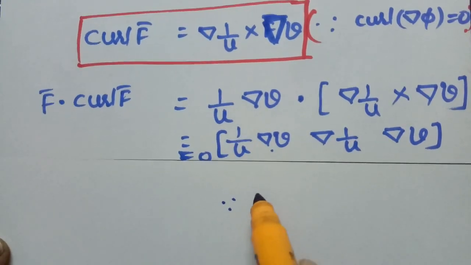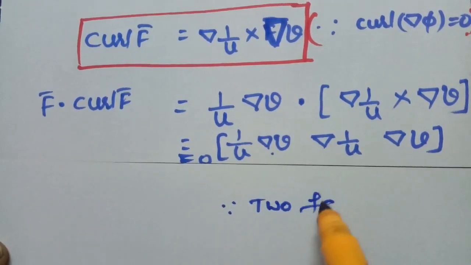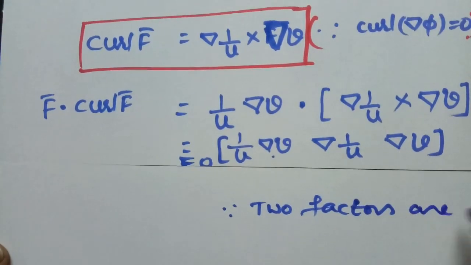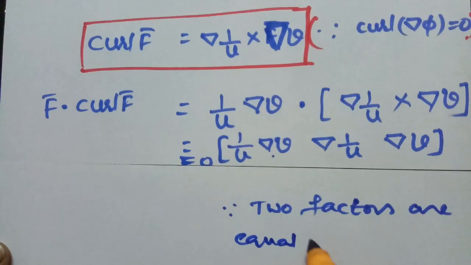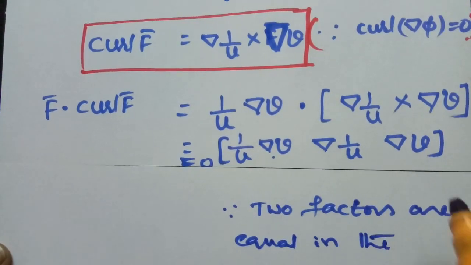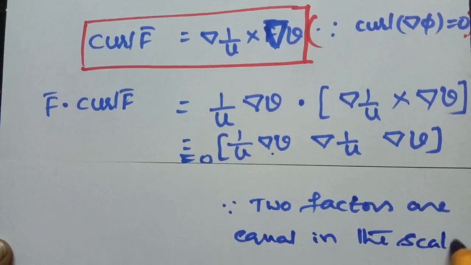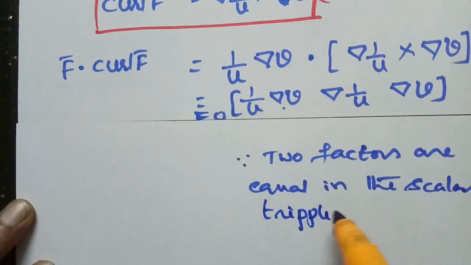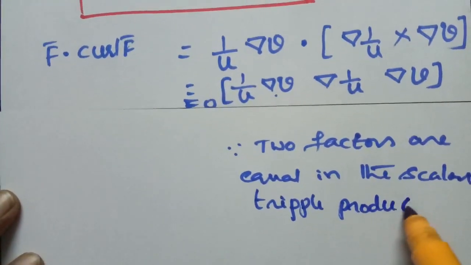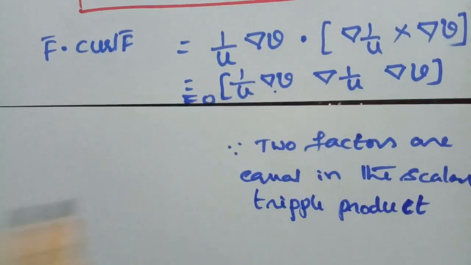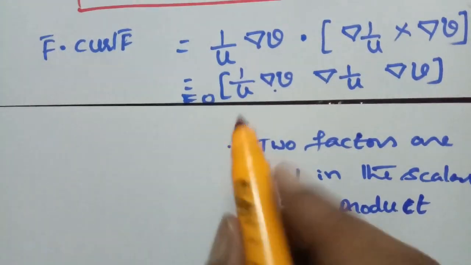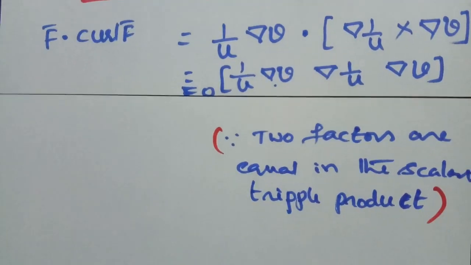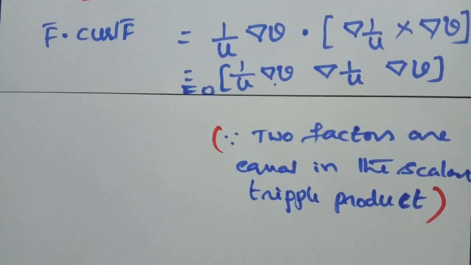Since two factors are equal in the scalar triple product, this scalar triple product is 0.